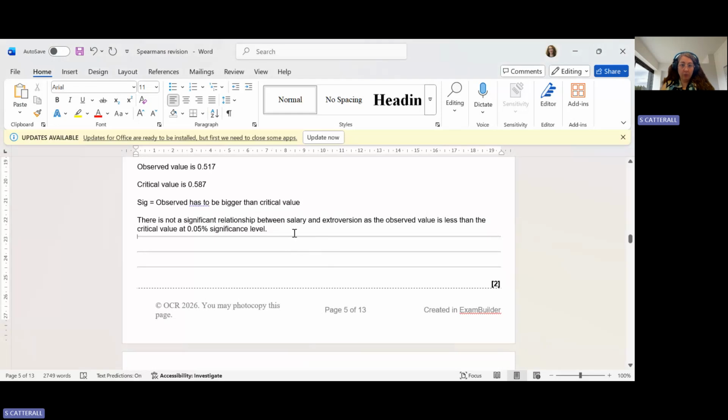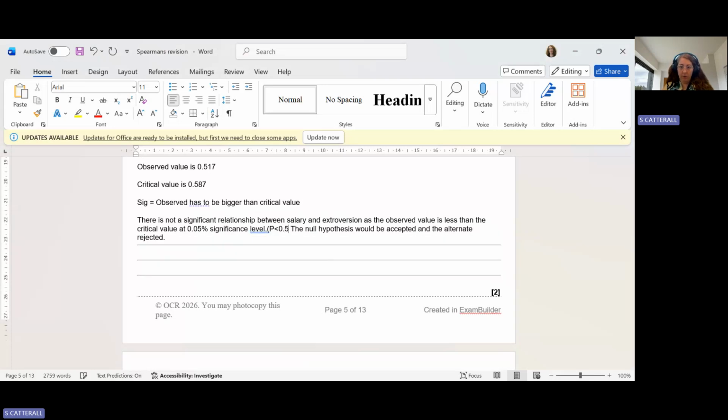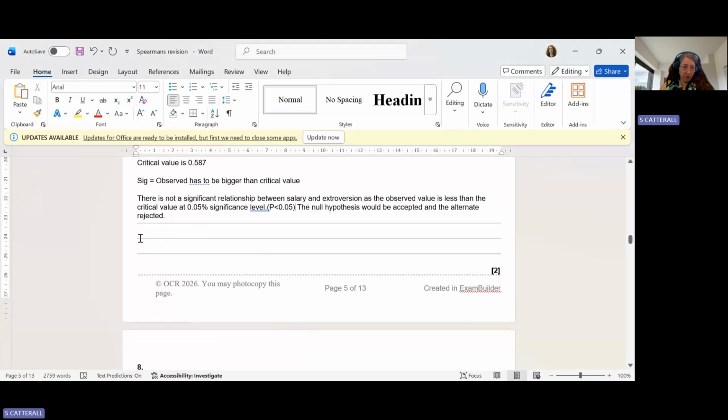Yeah, that's fine. So you can also say the null hypothesis would be accepted and the alternate rejected. Instead of this one, you could put P less than 0.05. Yeah, there we go. So there's enough there to get you the marks for that.